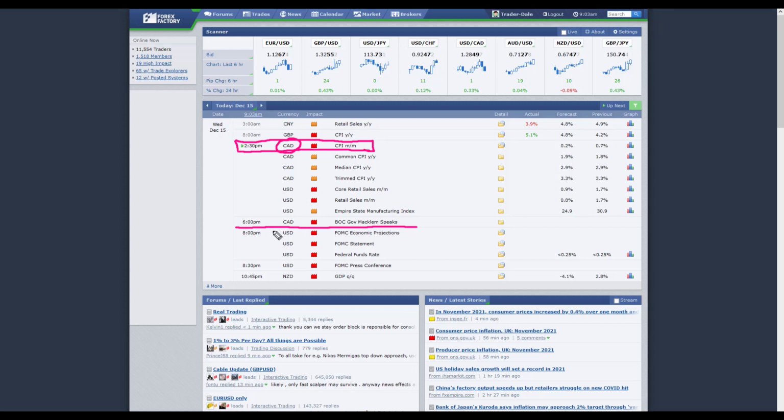Even though it's not Canadian dollar related, it's sort of news that moves whole markets because everything is so dependent on the US dollar, so it could affect the Canadian dollar Swiss franc. So those are the news that you need to be careful about, and I recommend avoid trading during all of them.